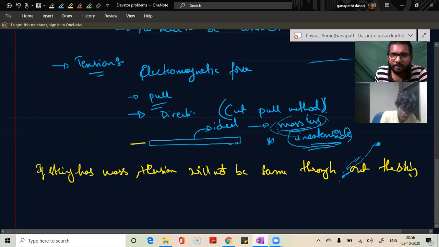Next, you apply force on both sides, the equal force. The tension in the string is T. Ideal string I am considering as of now, okay? That is equal to F.